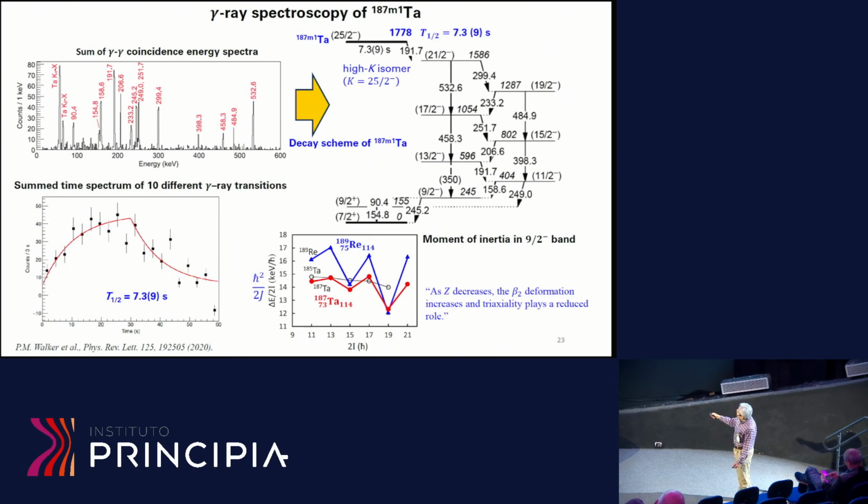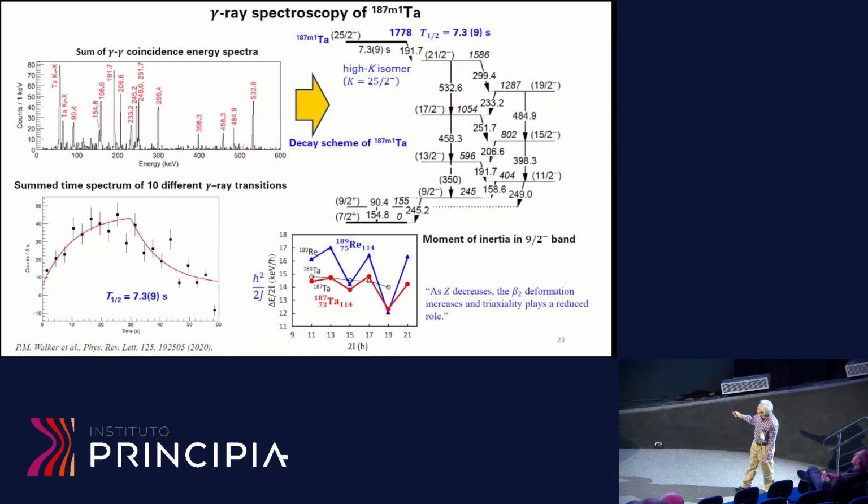This figure shows the inverse of the moment of inertia in the 9/2 half-state rotational bands as a function of the spins. The red lines indicate tantalum-187, and the blue lines indicate the rhenium isobars, 189.